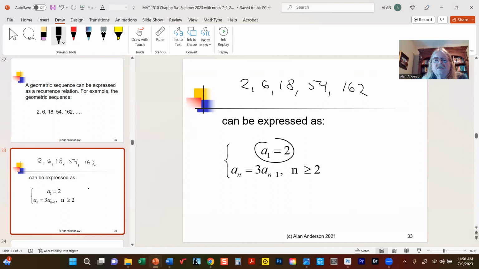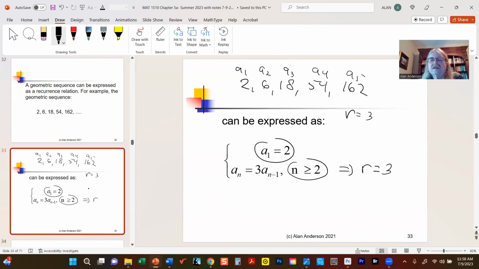So that means we started with 2, and after that, all the terms from 2 on are found by multiplying the previous term by 3. Okay? So that's what this means. This implies that the common ratio is 3. The way it's written, the common ratio is 3.